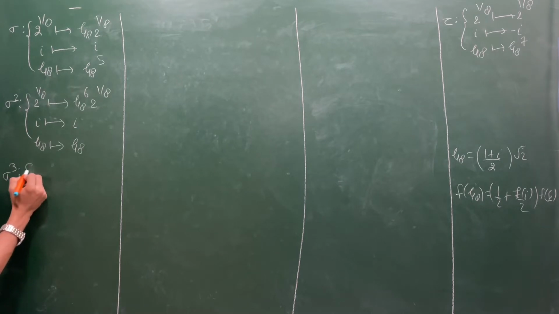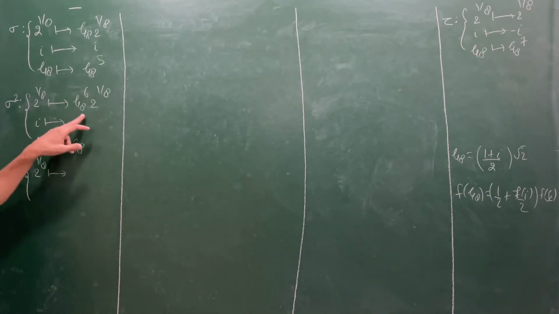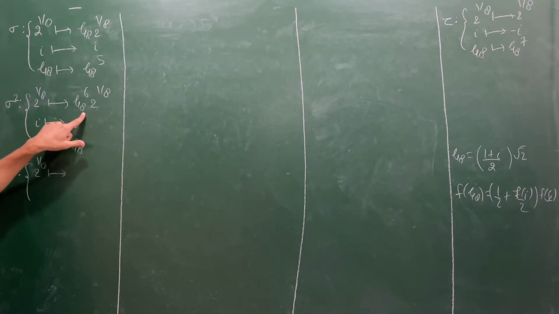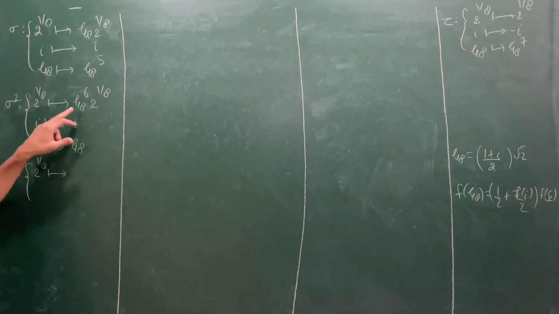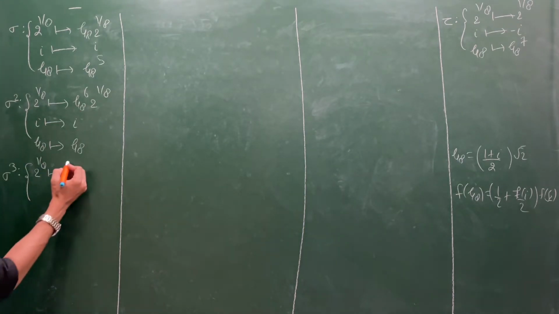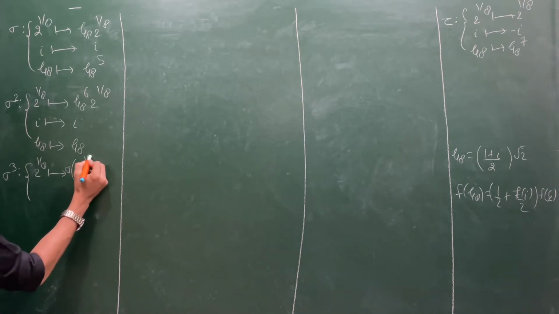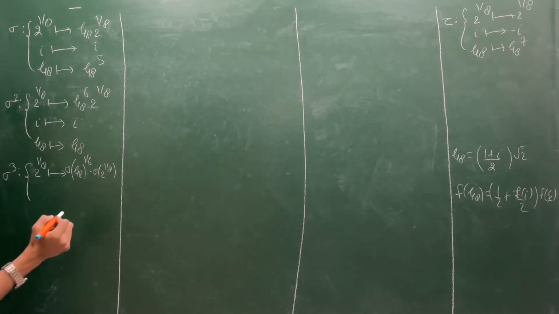Now σ³. If you see, this is 2^(1/8). This will go to ζ8 to the power, let's first operate σ on this again, then I will have σ(ζ8^6) into σ(2^(1/8)).